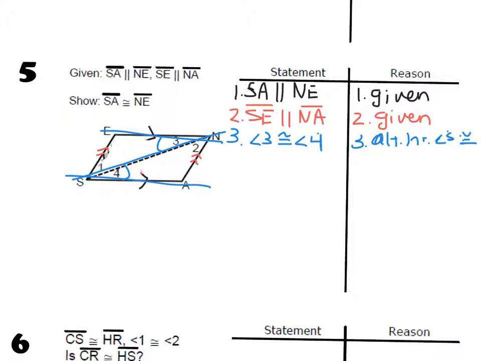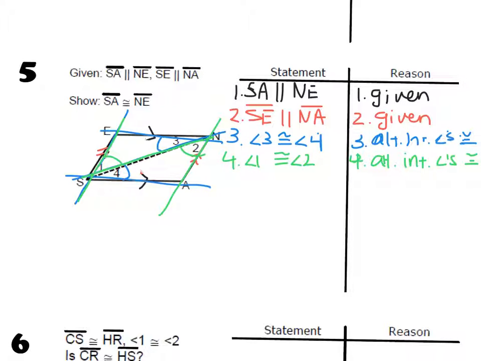Similar reasoning, but this time SE and NA are my parallel lines cut by a transversal, so angle 1 and angle 2 are congruent. Same reasoning though, alternate interior angles are congruent.